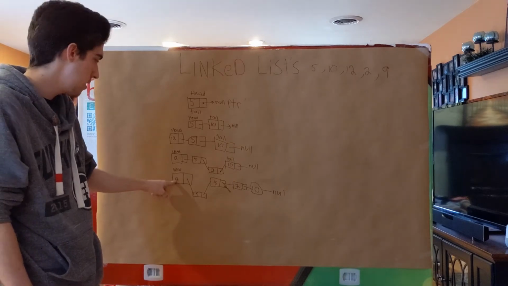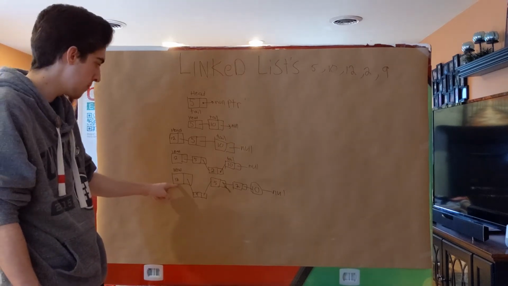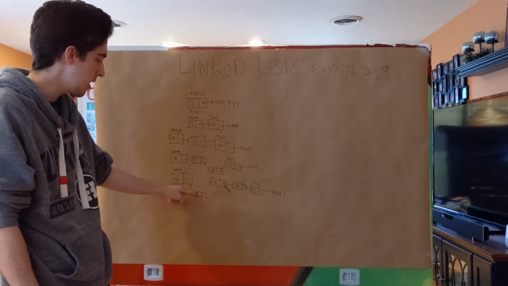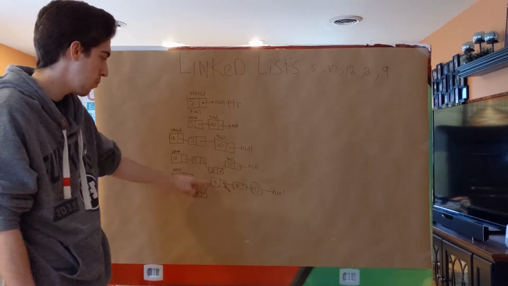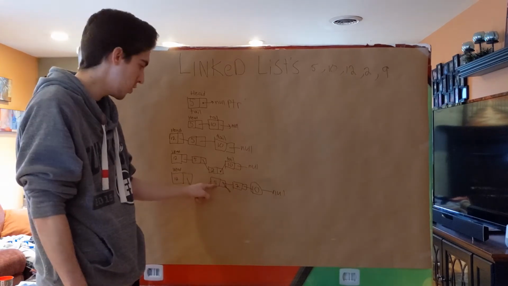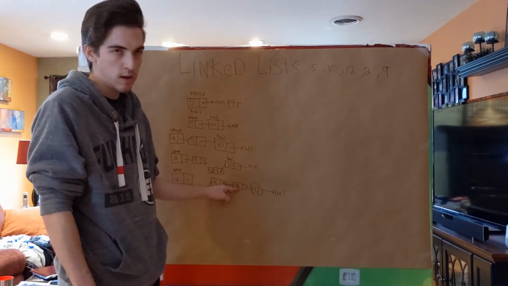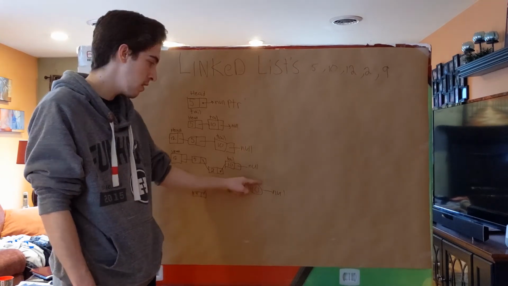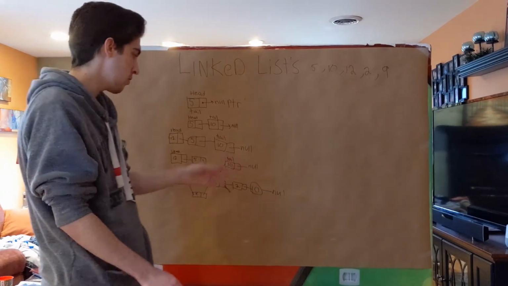It's 12. Is 12 equal to 10? Nope. Move to the next one. It's pointing to 9. Is 9 10? Nope. 9 points to 5, so we move to 5. Is 5 10? Nope. 5 points to 2. Is it 10? Nope. 2 points to 10. Oh, we found 10. There's our answer.